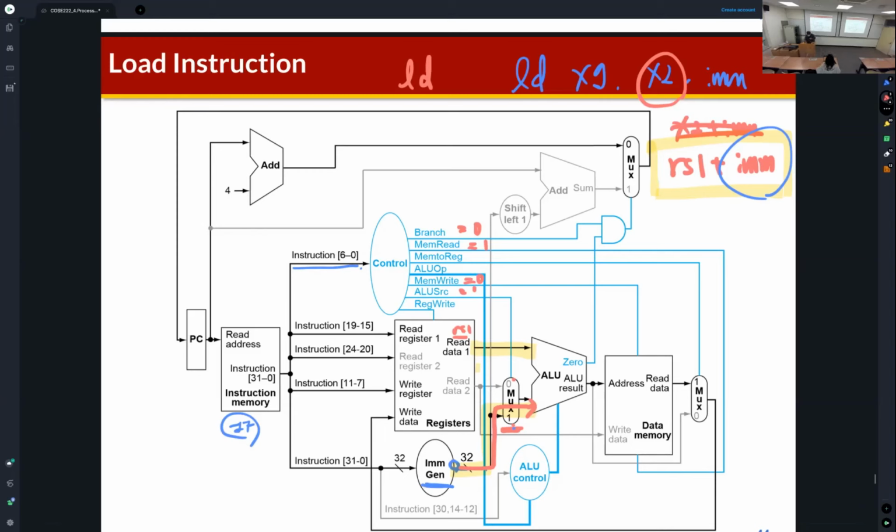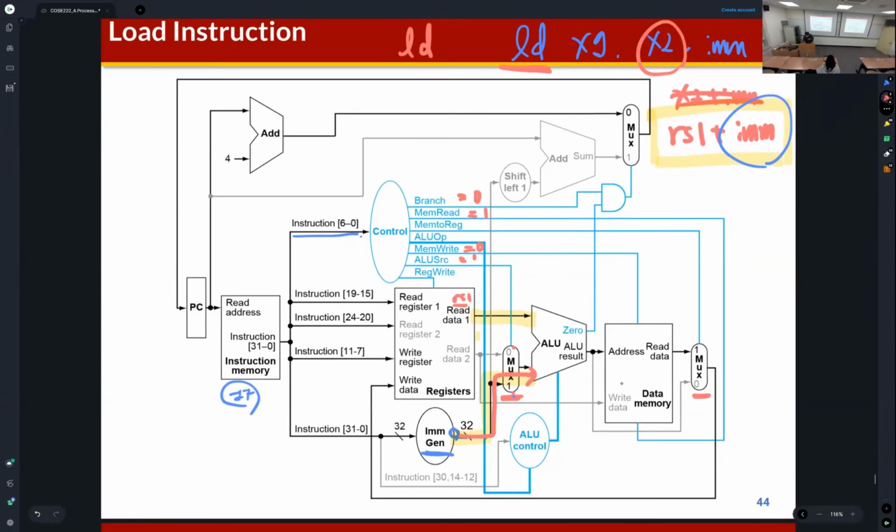And then how about the mem to reg? So what is the operation of the load instruction? The data is read from the data memory. Then this read data is written back to the register file. So you can find this multiplexer. The output of this multiplexer is connected to the write data port of the register file, right?